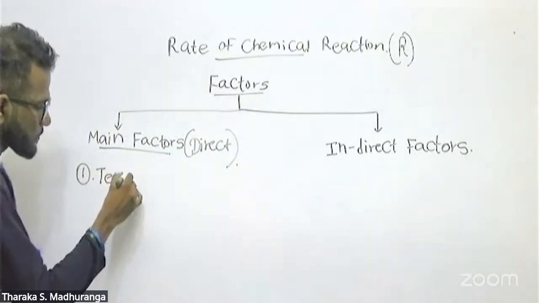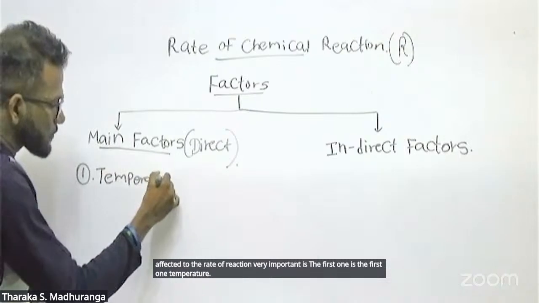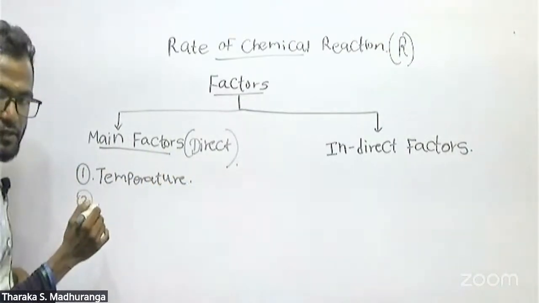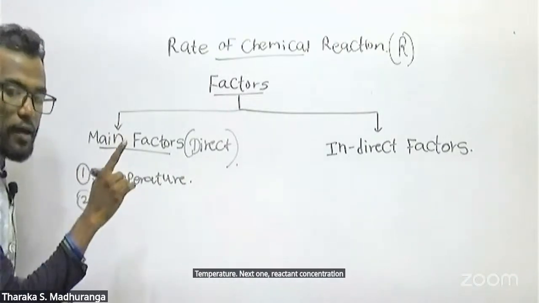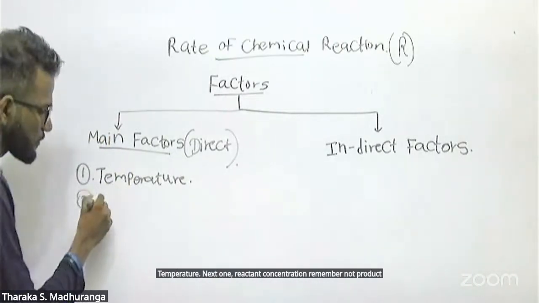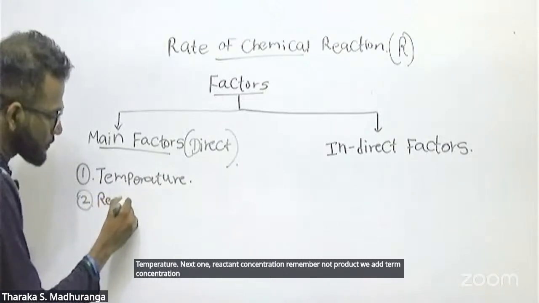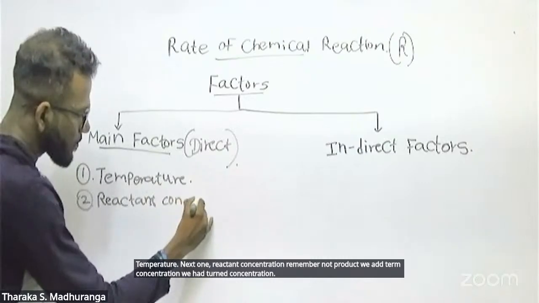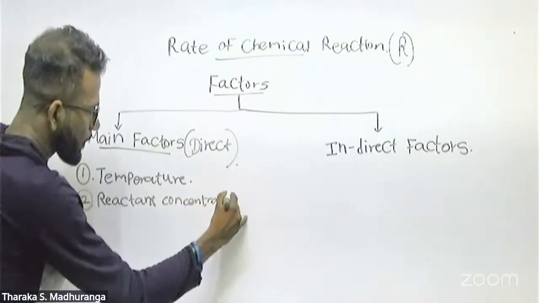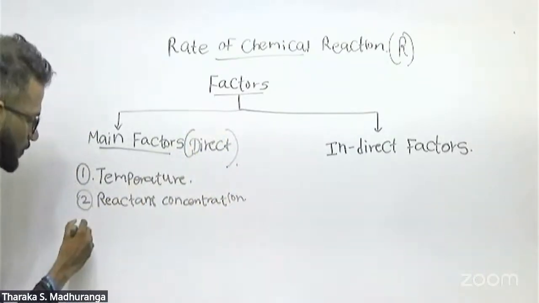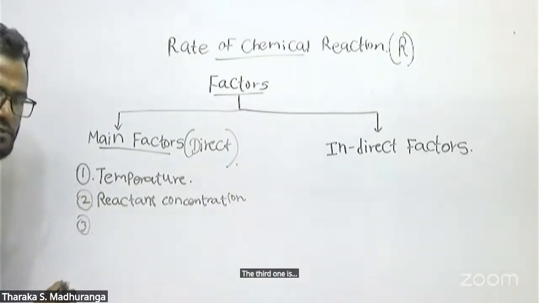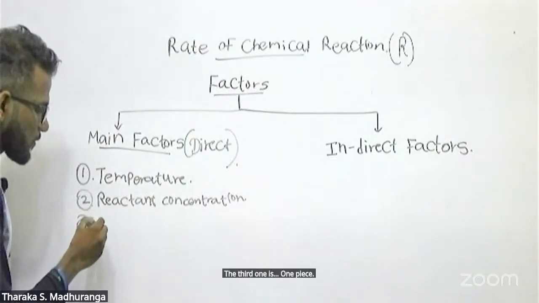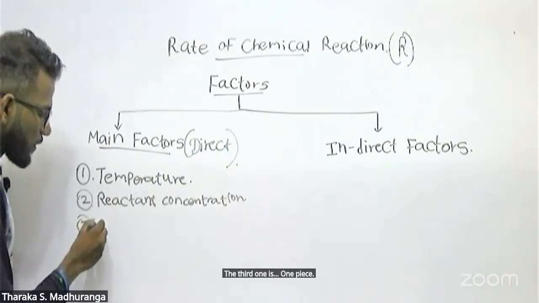Okay, under main factors affecting the rate of reaction, the first and very important one is temperature. Next one, reactant concentration. Remember, not product, reactant concentration. The third one is catalyst.